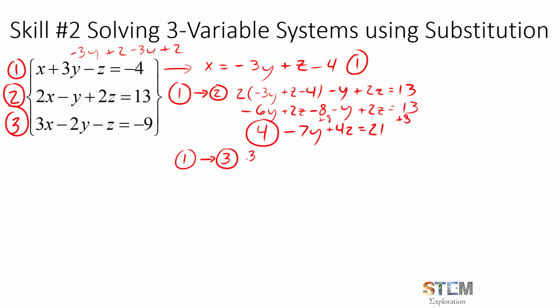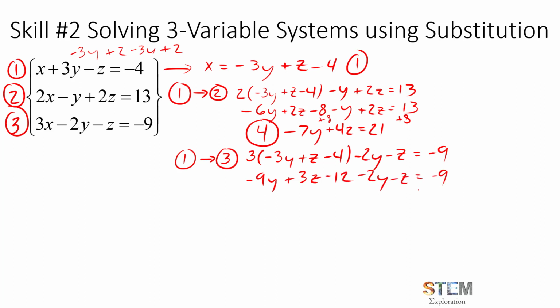So now we'll go 3 times (negative 3y plus z minus 4). And over here we have negative 2y minus z equals negative 9. We're going to work through this one together as well. So negative 9y plus 3z minus 12 minus 2y minus z equals negative 9.